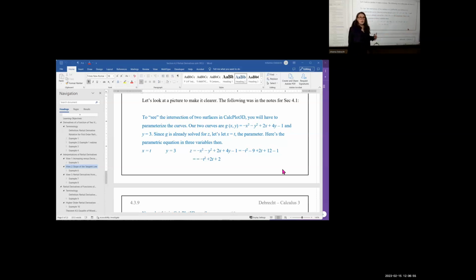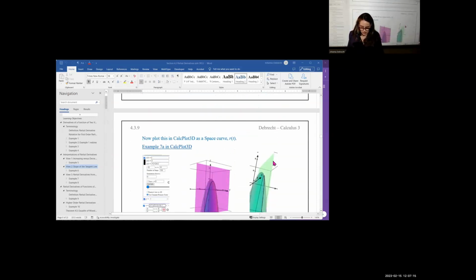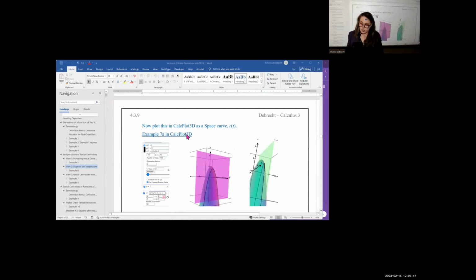And since we have an equation in just x, we can let x be t, the parameter, and then we have x equal t, y equal 3. And then we replace y with 3 and x with t, and we get z as negative t squared plus 2t plus 2. And this is going to be, of course, the trace, right? So let's go ahead and look at this one.